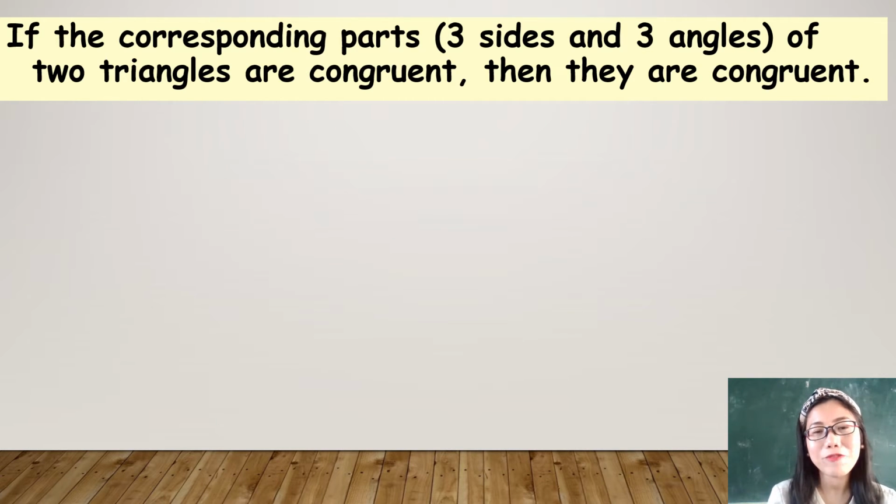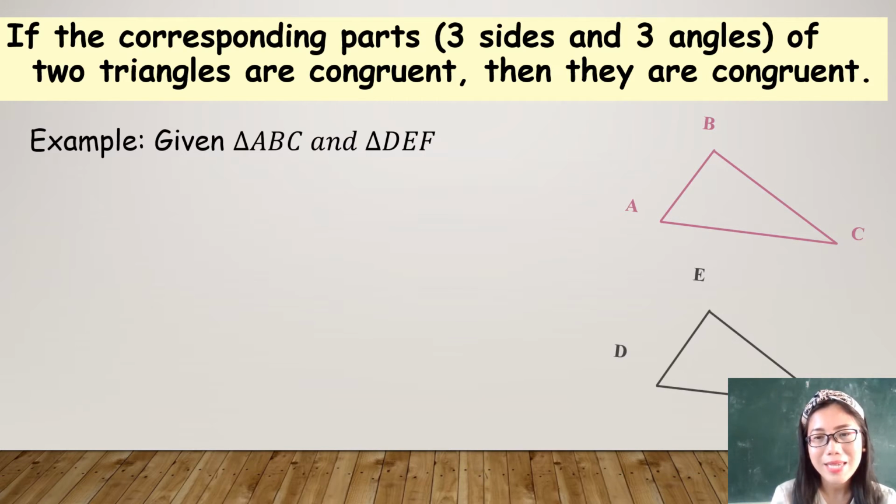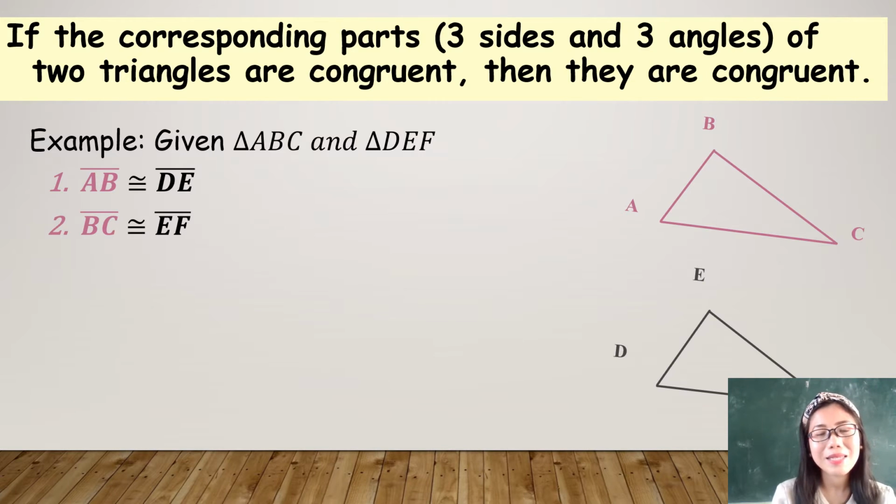Again, if the corresponding parts, three sides and three angles of two triangles, are congruent, then the triangles are congruent. You are given triangle ABC and triangle DEF, as seen in the drawing. The corresponding parts that are congruent are: segment AB is congruent to segment DE, segment BC is congruent to segment EF, segment AC is congruent to segment DF.